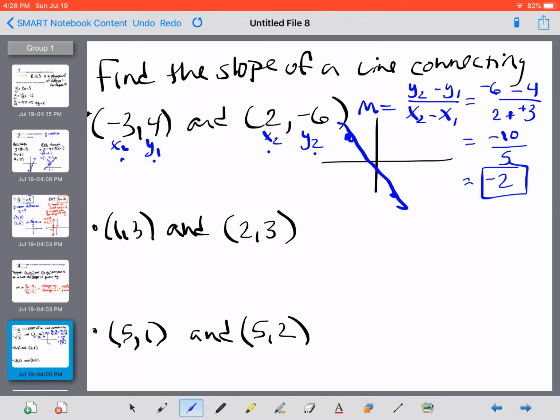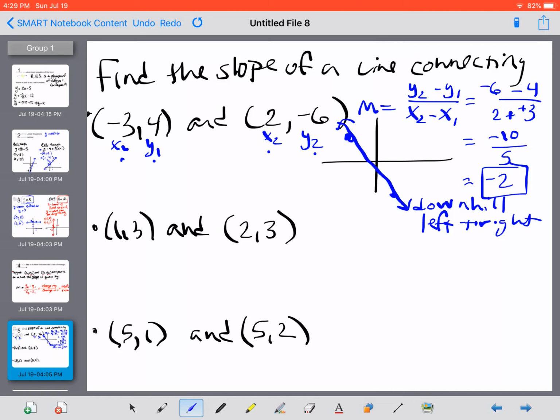So this is what the graph of this equation roughly looks like. So notice that when the slope is negative, your graph is going to be going downhill from left to right. Right, your rate of change is negative, so it's going downhill from left to right.